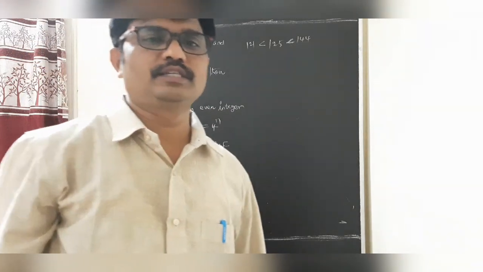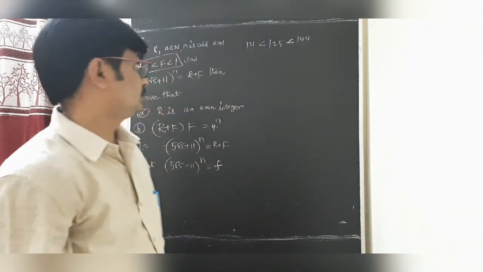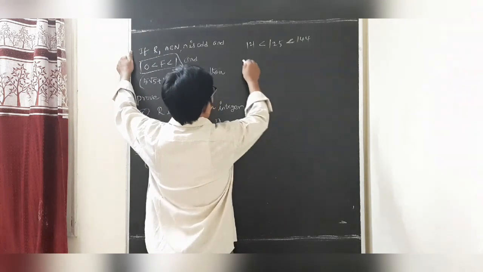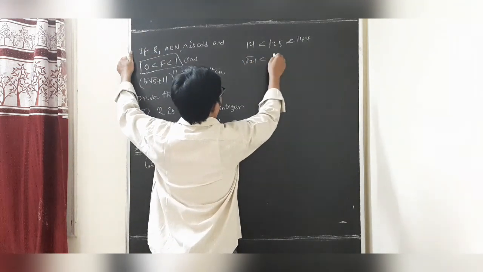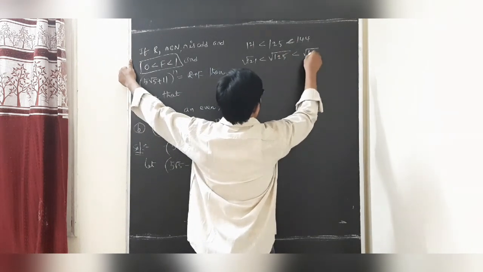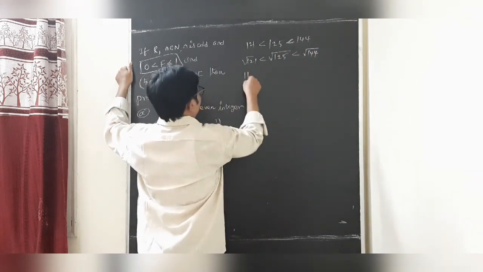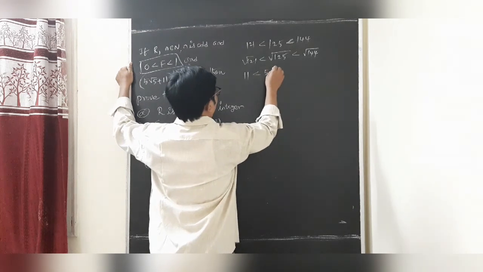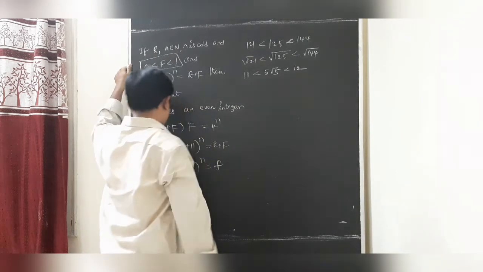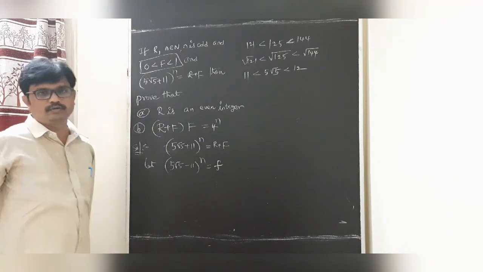The two perfect squares: 11 squared is 121, and 12 squared is 144. Now the square root of 121, square root of 125, and square root of 144: this is 11, this is 5 into root 5, this is 12.